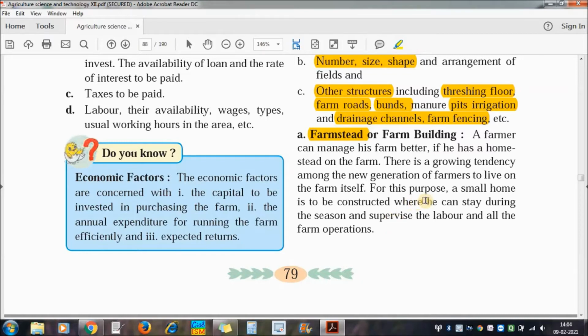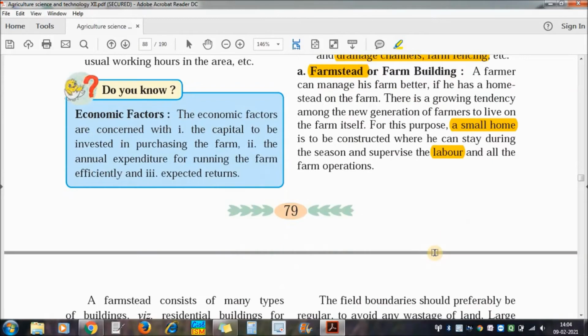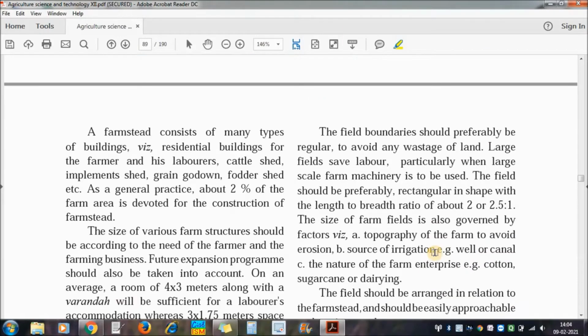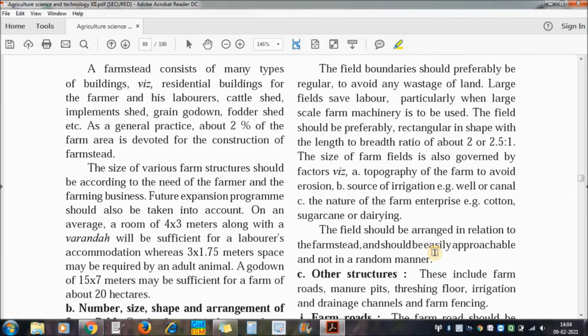For that purpose, a small home of the farmer is to be constructed, as well as small homes for the permanent laborers. So here in the case of the farmstead, these are the different buildings, residential buildings of the laborers and farmer.